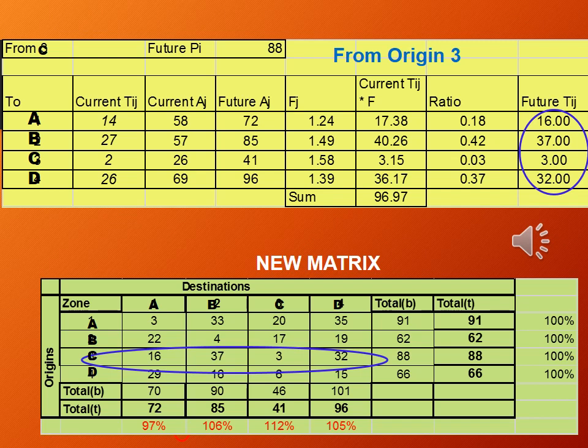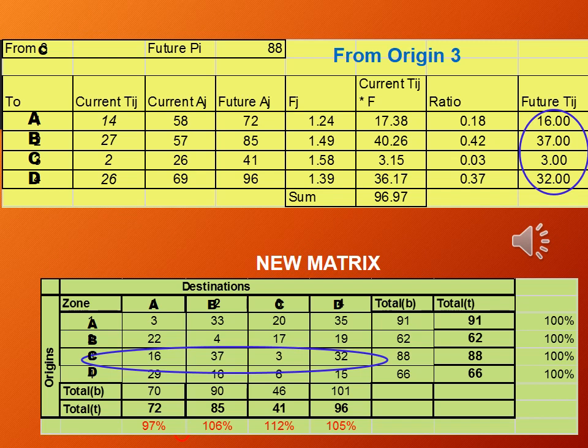Doing the same thing for the third origin, we parlay destination row C into its own table. We create a factor between the base and the future destinations. These are our factors which do not change at all. We take our destination row C, multiply by these factors, and we create its relationship.